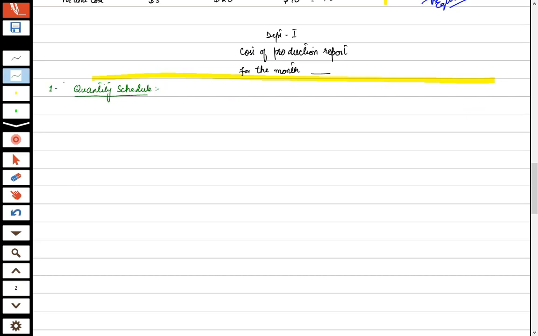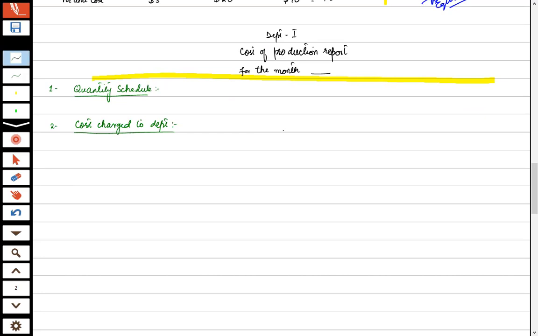Next step is the cost charged to department, whether it is total cost or per unit cost. Obviously cost will be charged in the form of material, labor, and FOH.